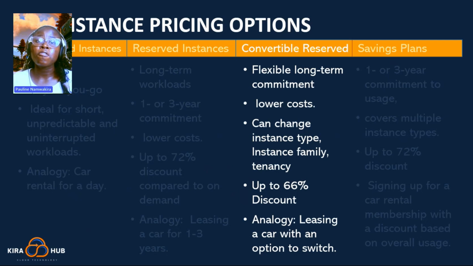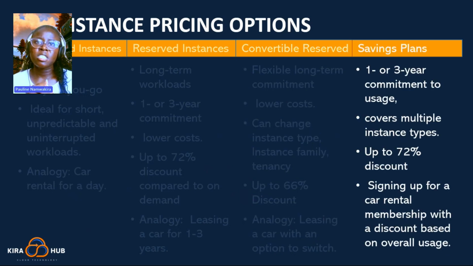Something like a software as a service product might need more memory or more CPU over time, even though I know I'm still using the product for 1 or 3 years. So we are leasing a car in this case, but with the option to switch to a different model. So if my need changes, I can switch from a sedan to a SUV or something like that.